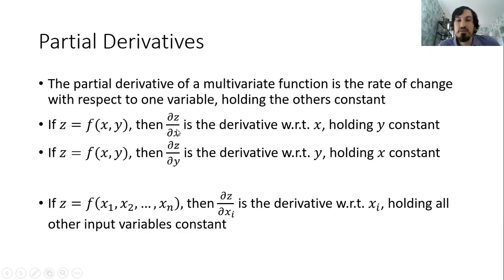So partial of z with respect to x, or the partial of z with respect to y, those are 2 different things. The only difference is which variable is changing and which one is constant. So this function f has 2 partial derivatives, one for x and one for y.